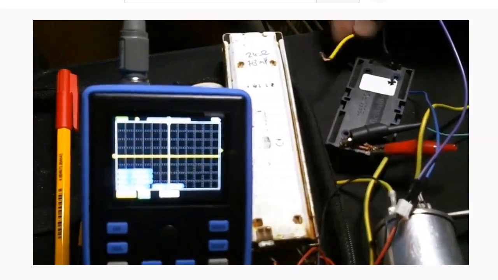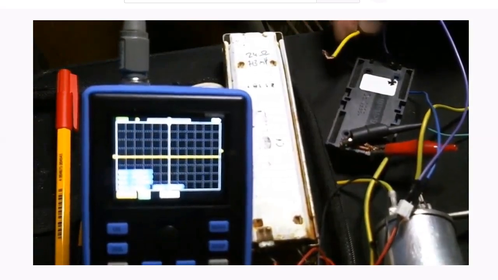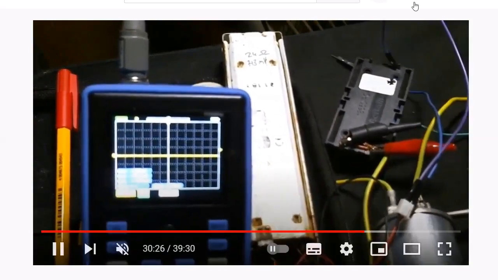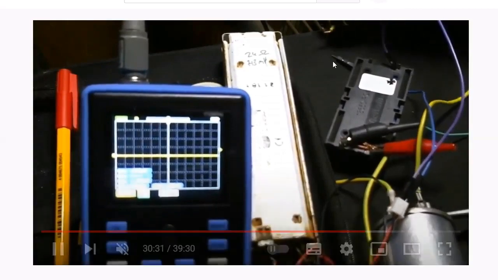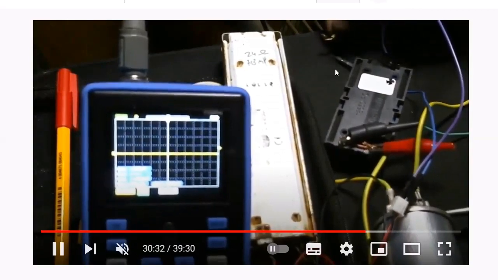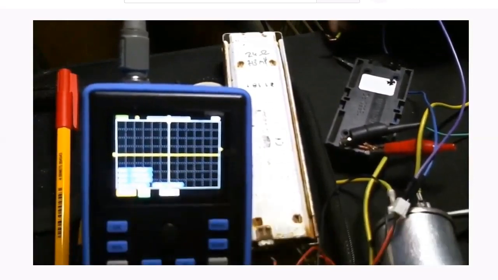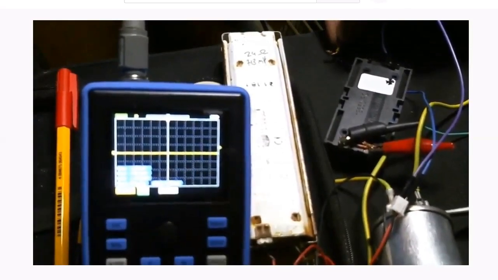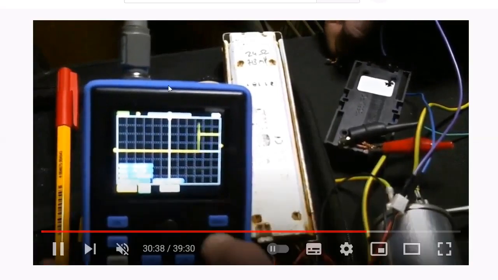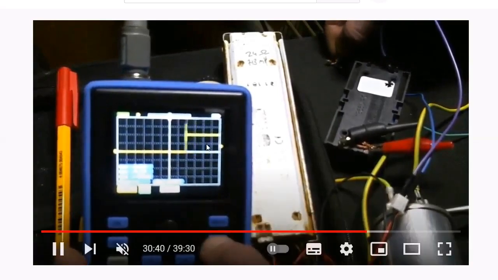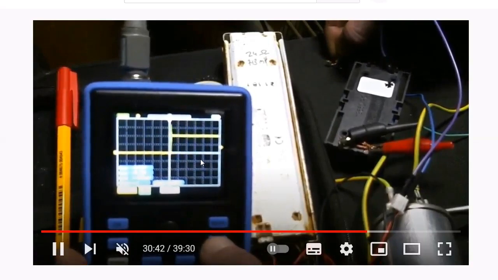And now I manually close the contact at the top of the screen. Firstly, I discharge the capacitor fully, then I touch the contact, and receive some spike on the oscilloscope.